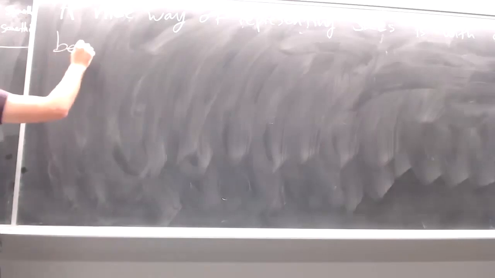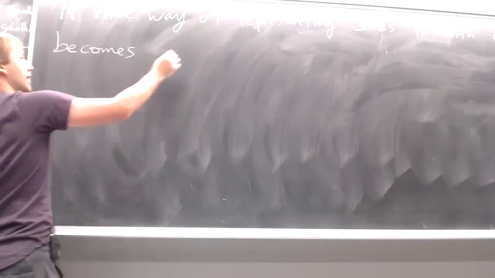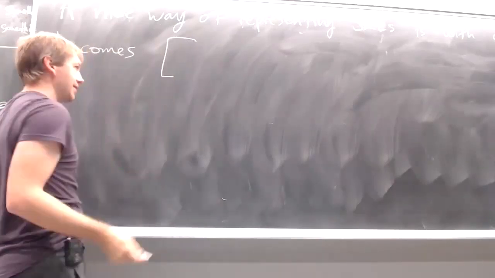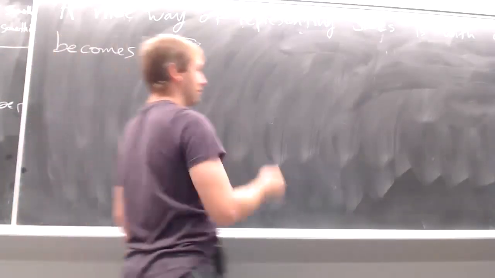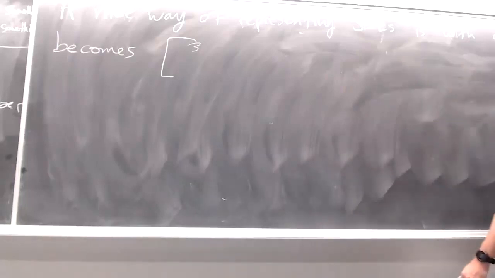Okay, so this system where I had 3x plus 7y equals 119, and 5x plus 5y equals 126, you can rewrite in matrix form inside of this kind of box. So I write 3 for the coefficient of x in the first equation.